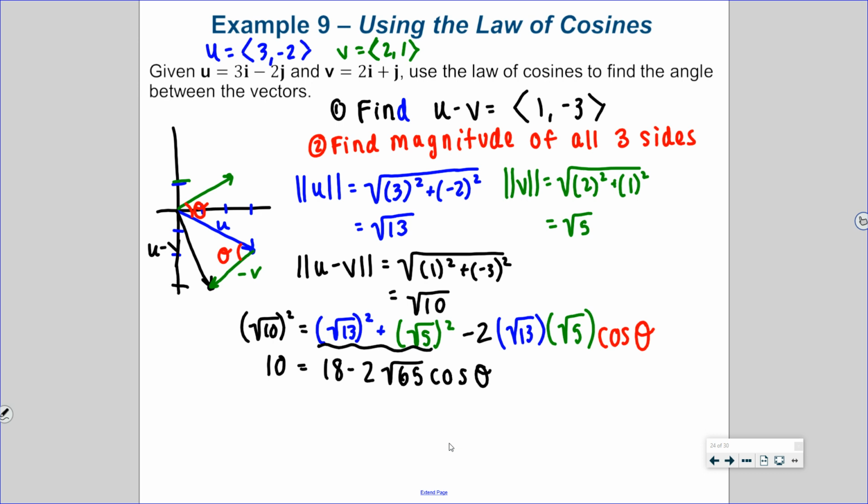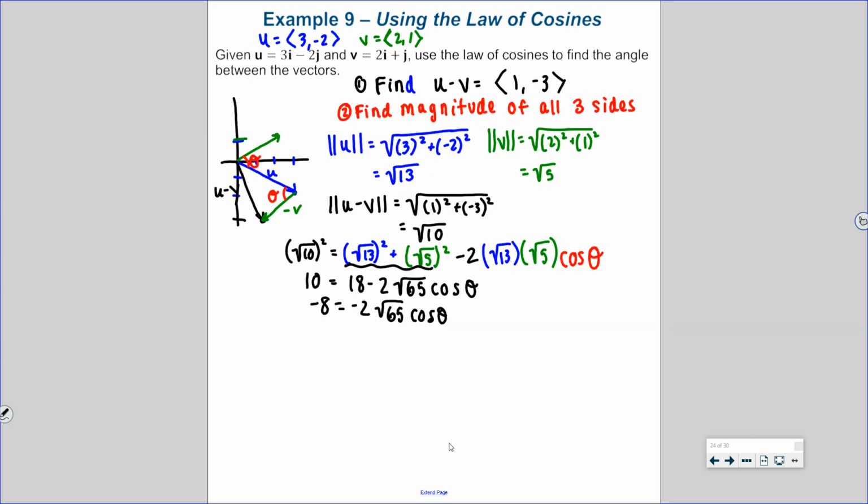So we were using law of cosines to solve this because we knew technically all 3 side lengths of these vectors. And so remember how we would algebraically do this: we'd have to minus over the 18 first. Remember you can't combine these because this is my variable right here. So you minus over the 18 first. Then divide by this number.